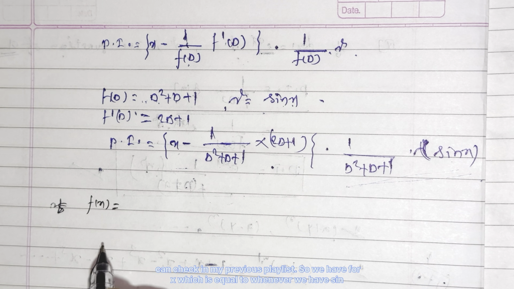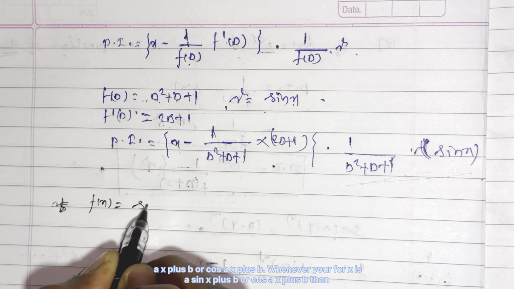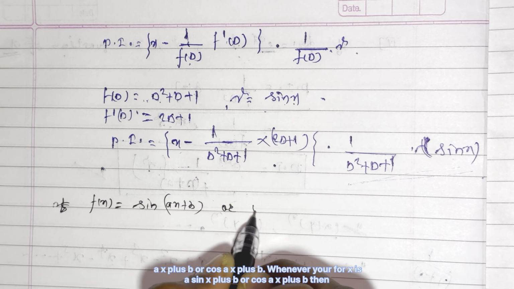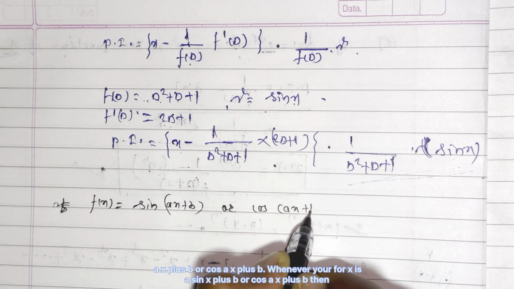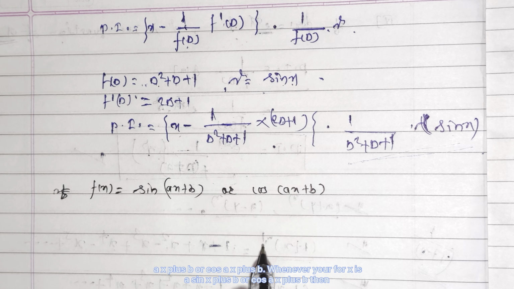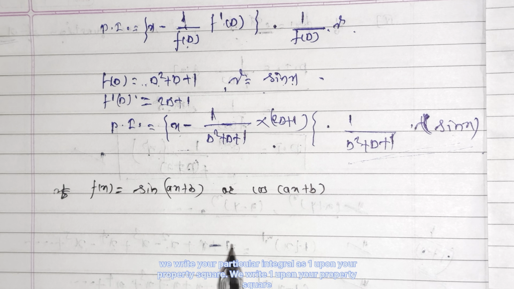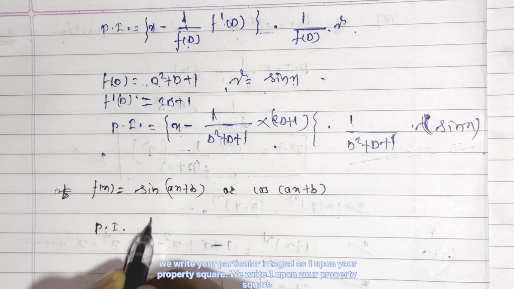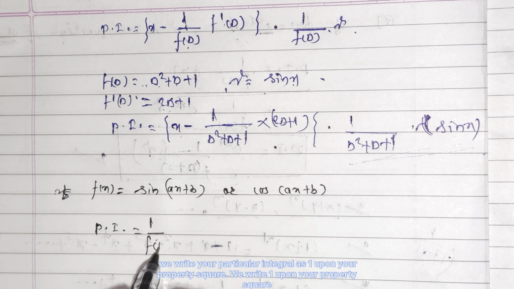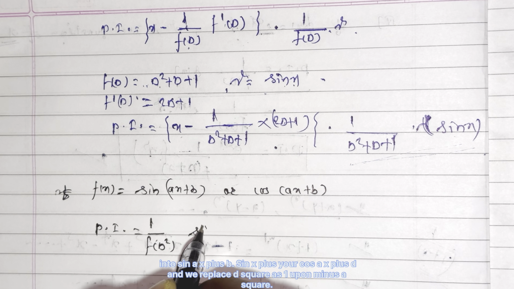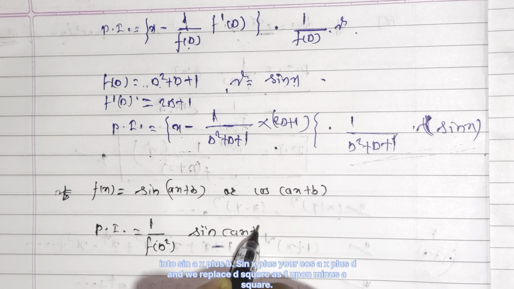Whenever f of x is sin ax plus b or cos ax plus b, then we write the particular integral as 1 upon f of d square, into sin ax plus b.